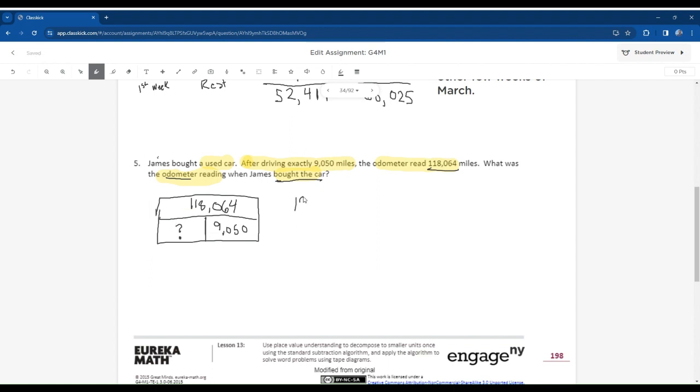So we'll take our odometer reading now, which is 118,064, and we're going to subtract 9,050. Again, remember to line up your place values on the right-hand side. So your ones line up with your ones, your tens line up with your tens. So in this case, since this is a 6-digit number and this is a 4-digit number, this 9 is in the thousands place. I need to line it up with the 8 in the thousands place.